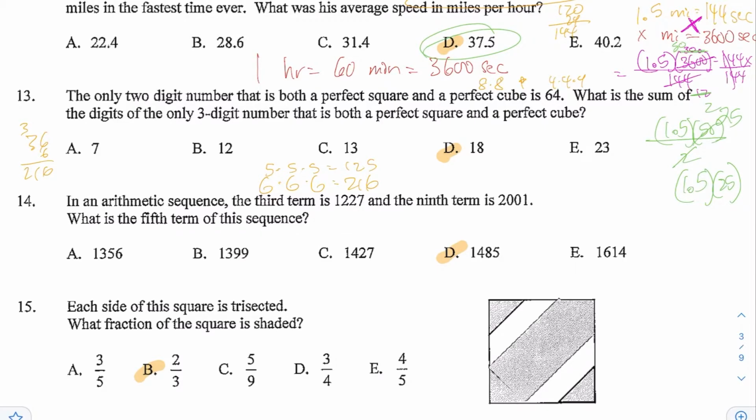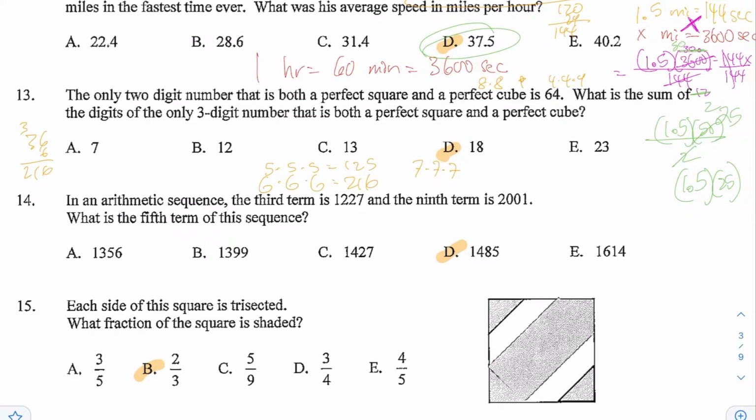Then you have 7 times 7 times 7, which doesn't work. So 7, 7, 7 is odd, and you can't really break that down anymore.